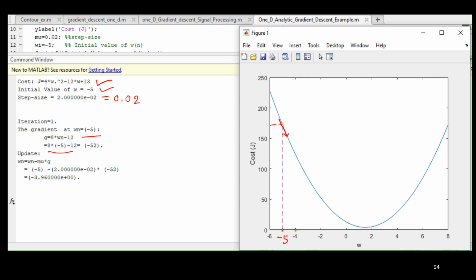If you compute this, you will get minus 52. Then we can go for the update. The update will be wn equals wn minus mu into g. If you replace g by minus 52, you will get minus 3.96. So this is the next point. We come from minus 5 to minus 3.96 in the first step.